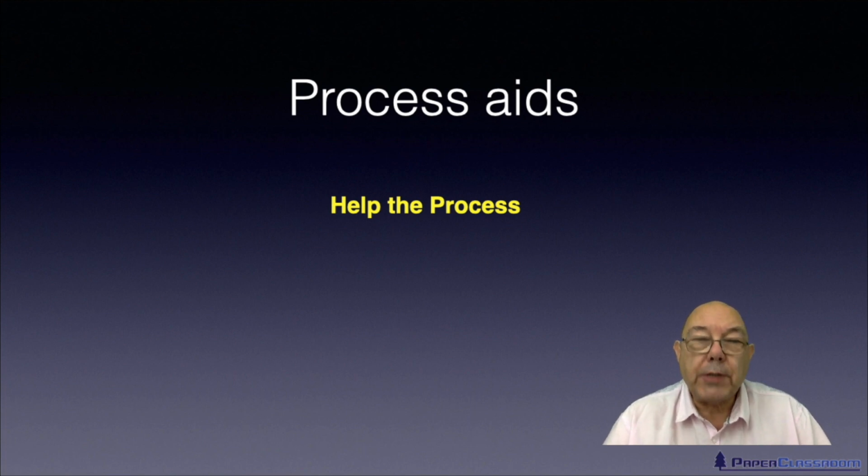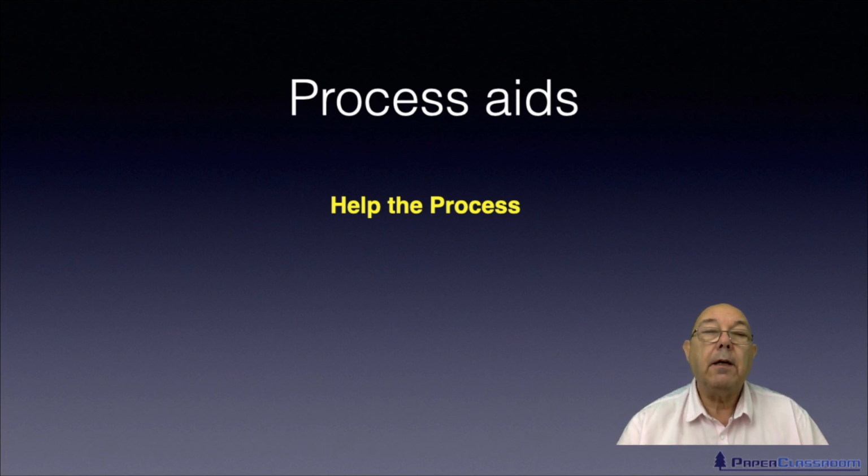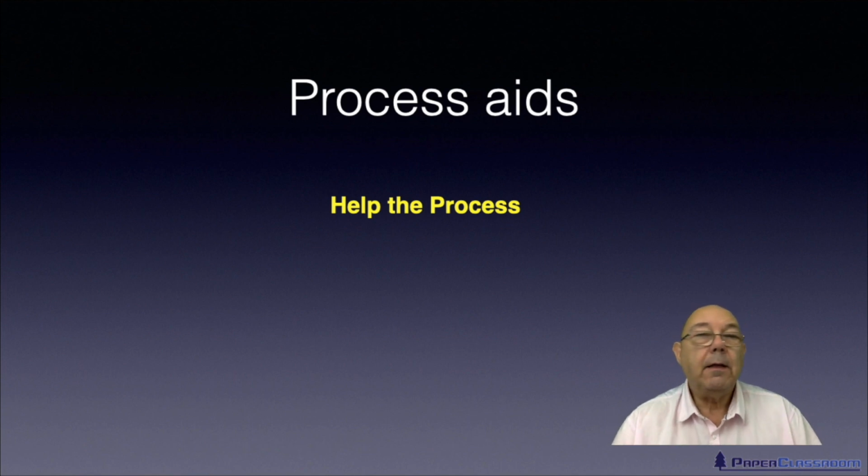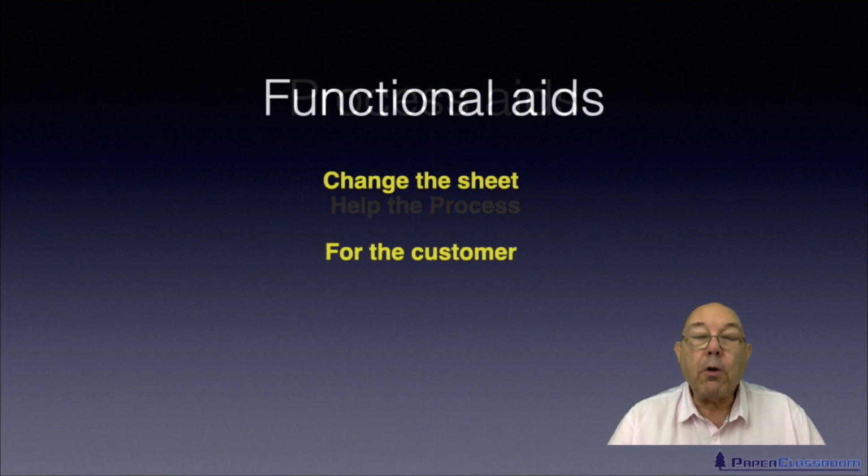There are process aids, and a process aid is there to help the process. The clue is in the name, process aid. But it's amazing how many students get confused between process aids and functional aids.